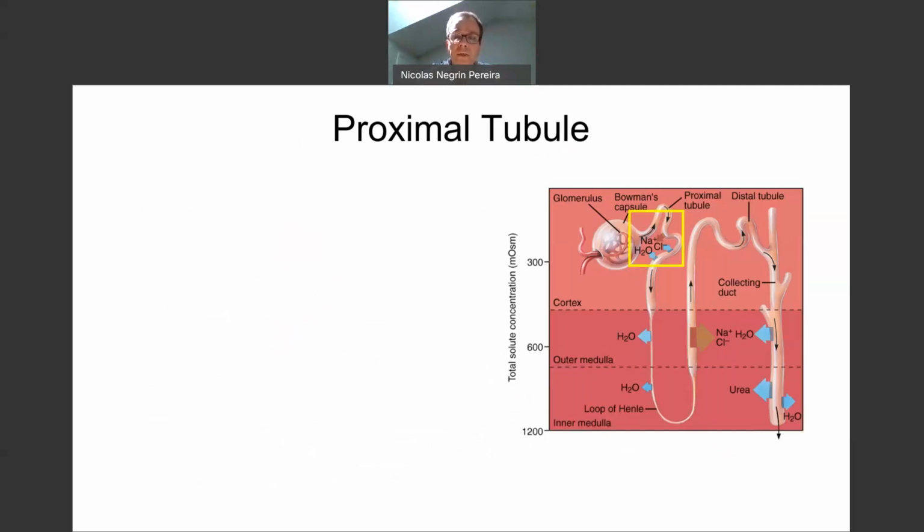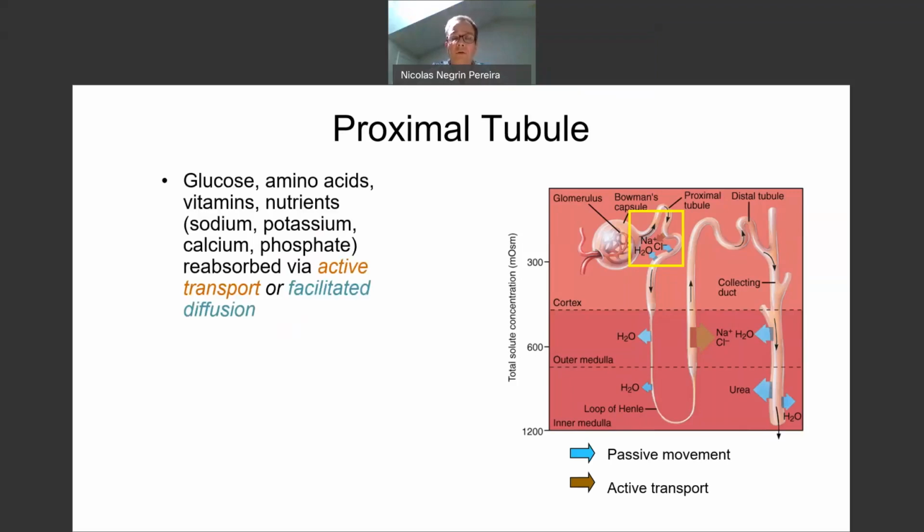So let's concentrate now on the corpuscle and the proximal convoluted tubule. We see that water is going to be reabsorbed mainly by passive movement, while sodium is going to be reabsorbed actively, meaning by active transport, through a cost of energy.